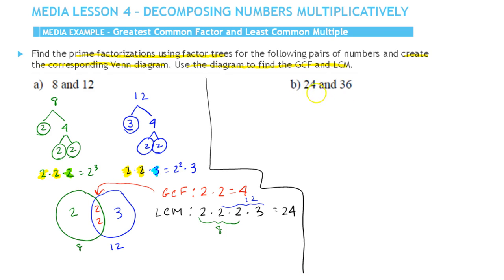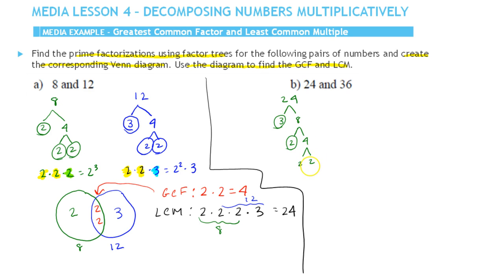So let's start by finding the prime factorizations of 24 and 36. So remember, there are many ways to draw the factor tree, but no matter what way you do it, there's one unique prime factorization. I'm going to do, how about 3 times 8? 3 is prime, 8 is not. 8 is 2 times 4. 2 is prime, 4 is not.